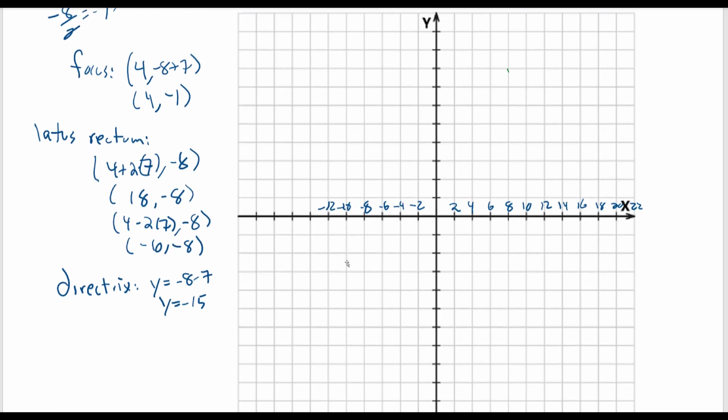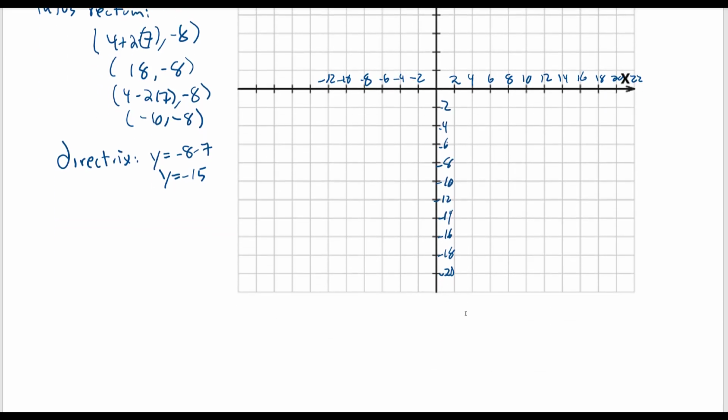And I'll do vertically as well. So we'll do negative 2, negative 4, and so on down to negative 22. Is that going to capture it? Yes, it will. Okay, so let's go ahead and plot some points.